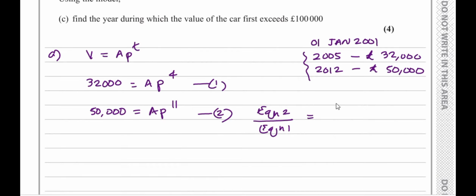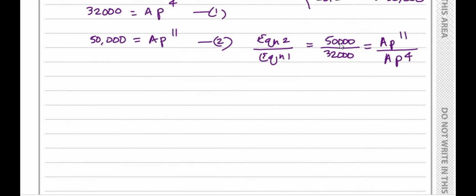So that will give us 50,000 over 32,000 is equal to A P to the power of 11 over A P to the power of 4. Cancelling out these three zeros, A and the A, and then we will be getting 50 over 32 is equal to P to the power of 11 minus 4 is 7.